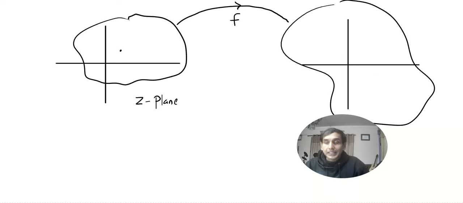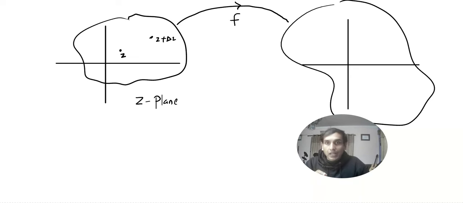Now I'm going to consider one character, that is z. It can be anywhere. I'm considering the complex number z. And I'm considering another complex number z plus delta z a little bit away from this complex number.